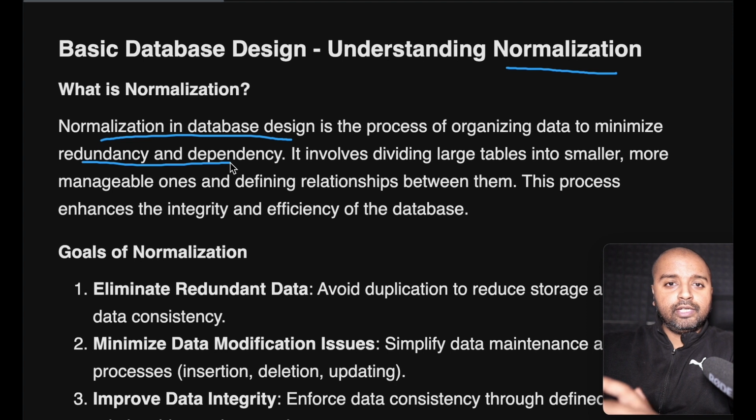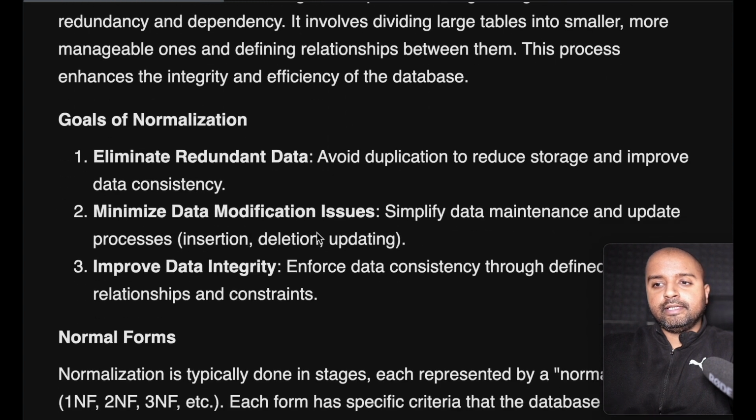This usually involves dividing a large table into smaller manageable ones and defining relationships between them. This is really good for performance, but it also increases the number of joins and other things that we have to do. But let's look at this in a bit more detail.